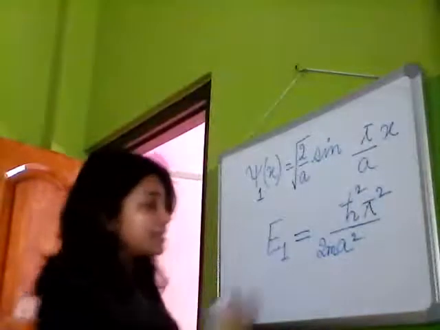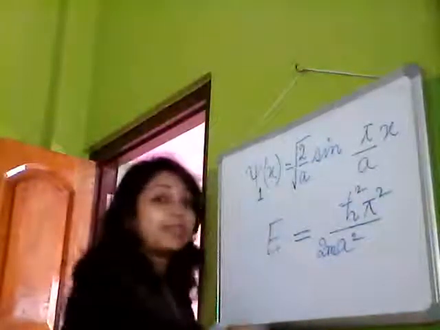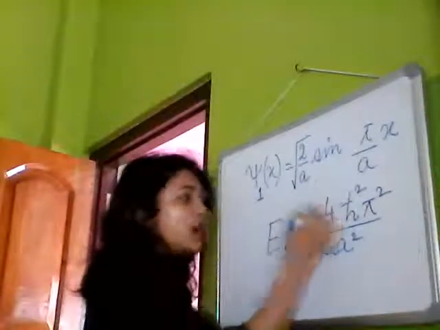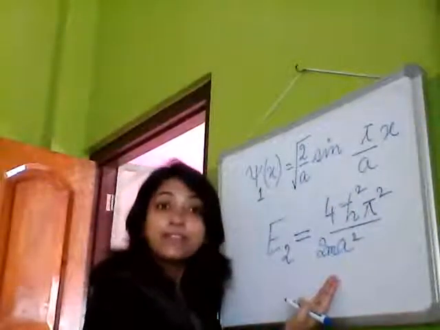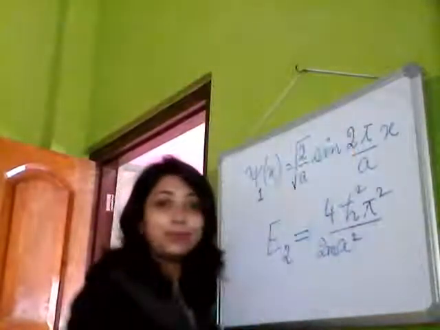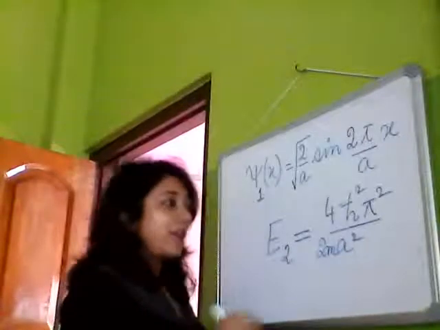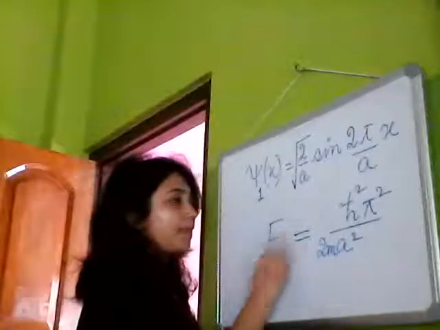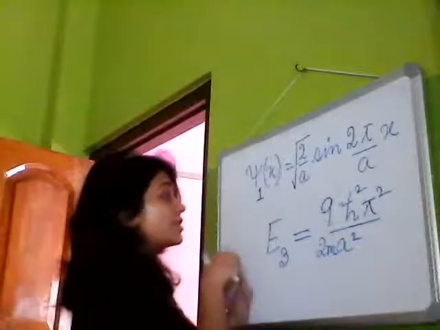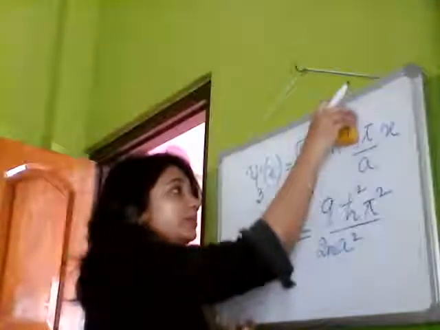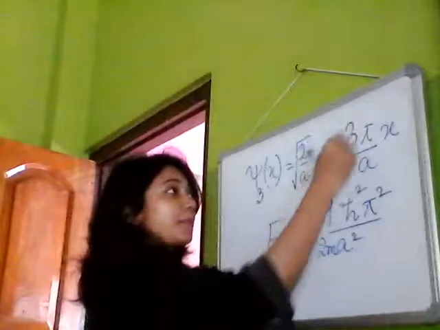When I am changing the value, or rather the particle is gaining more energy and is having the energy of this, what will its wave function look like at the time? The n value will become 2. Likewise, when I am changing this value to 3, what will be the wave function at that time? The wave function will be psi3 and this value will be 3 over here.